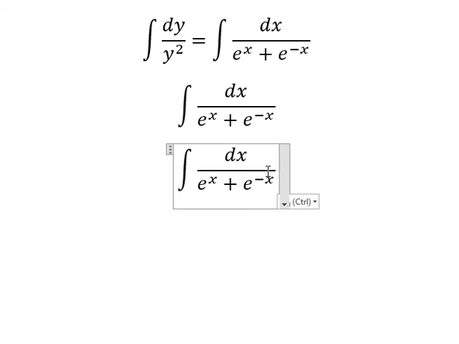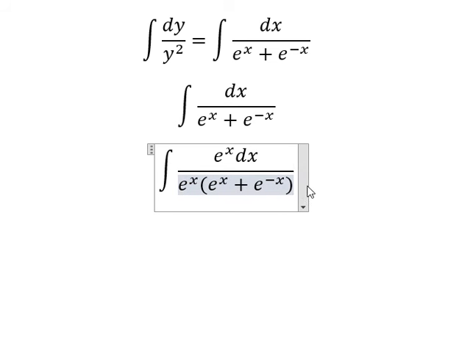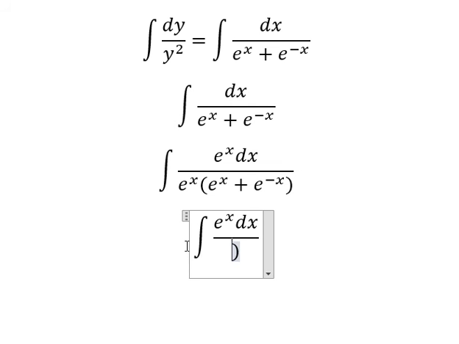So I will multiply by e to the power of s on the numerator and denominator. So e to the power of s multiplied by e to the power of s and e to the power of negative s. And you got e to the power of 2s plus 1.